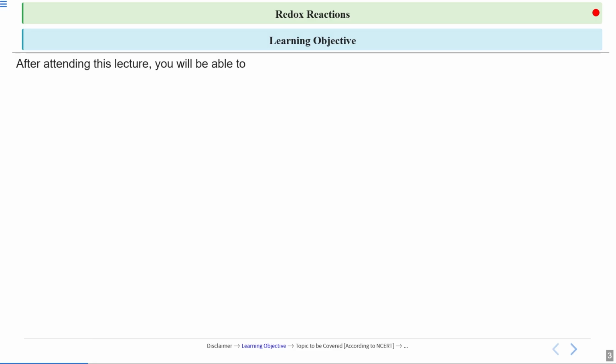So, now the learning objective. That means the objective for today's lecture, that what we will be able to understand after attending this lecture. So, after attending this lecture, we will be able to explain the mechanism of redox reactions by electron transfer process.